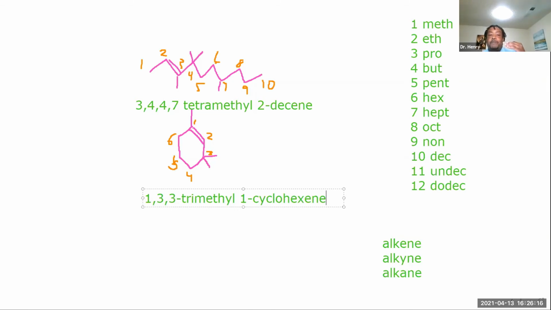Then we'll start putting them in order of priority. I'm going to show you two ways of doing it, because there's the old IUPAC way and the new IUPAC way. The new IUPAC way hasn't been adopted by the chemists, so it's still being pushed through. Let me start off with the easiest one.